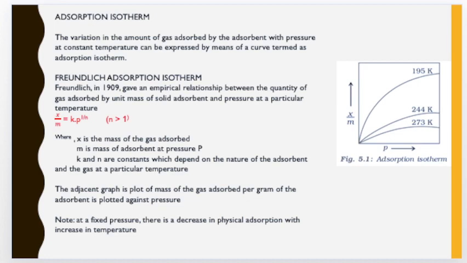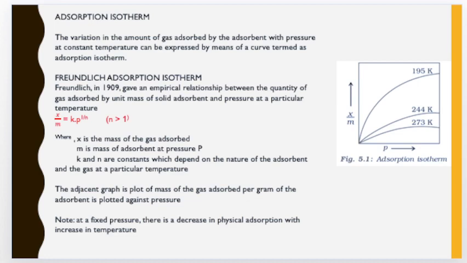As we change the pressure, we obtain curves, and this is known as adsorption isotherm. Here we have different temperatures like 195 Kelvin, 244 Kelvin, 273 Kelvin. This means all the points on a curve have the same temperature.